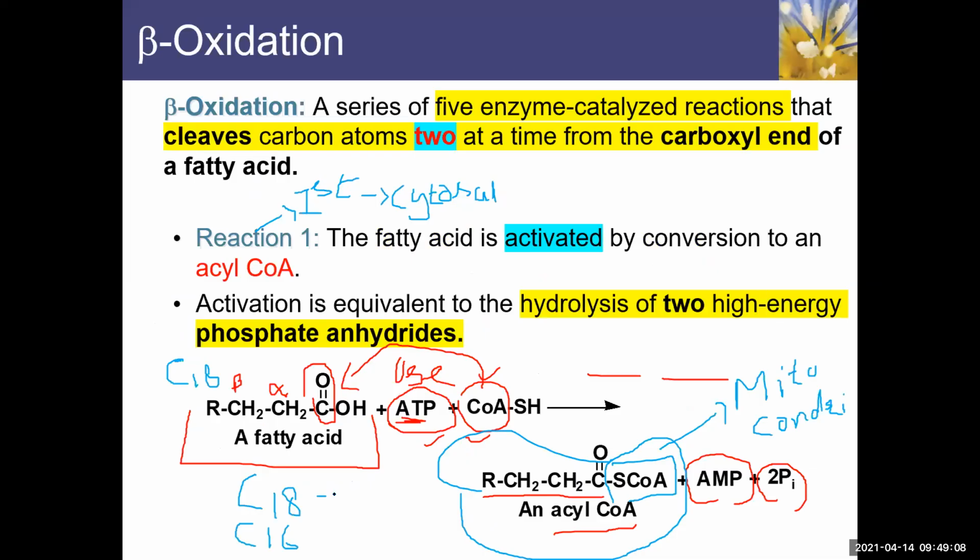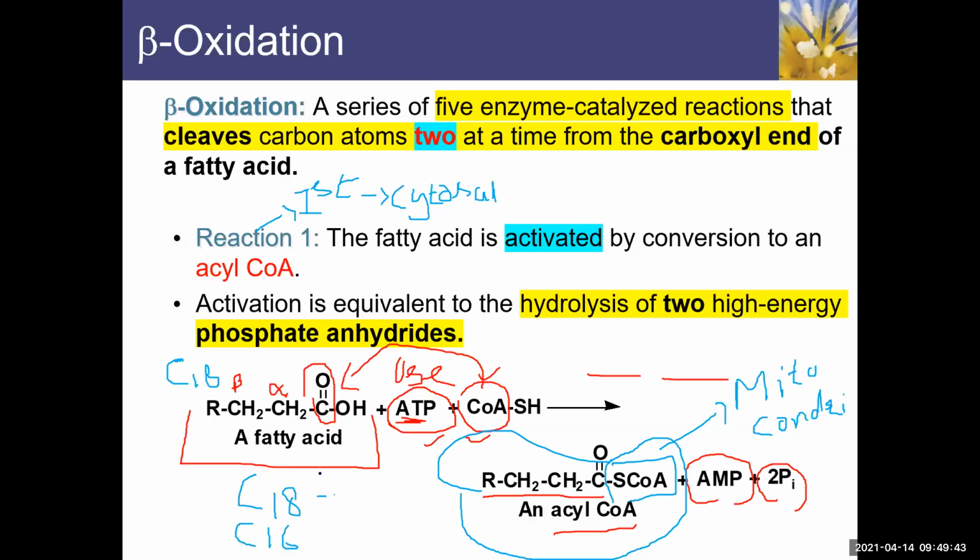Can you tell me, when I started with the C18, at the end of the beta oxidation of the fatty acid of C18, how many acetyl CoAs will I produce? And this was the question which we asked in the midterm. We asked how many acetyl CoAs are produced at the end of the beta oxidation of the fatty acids, and how many cycles would be required to produce those acetyl CoAs?